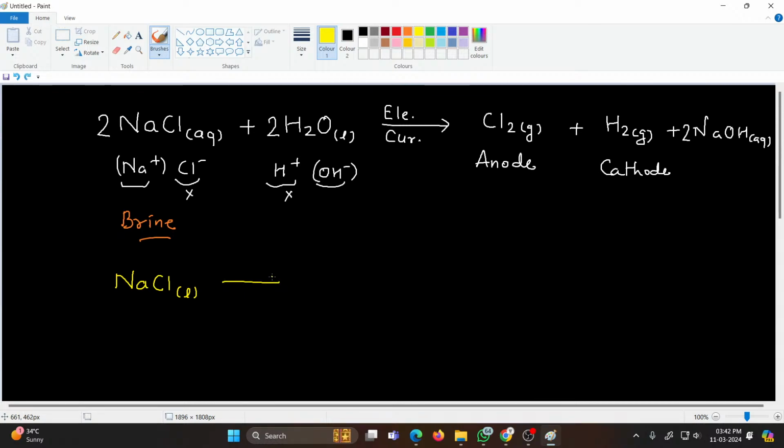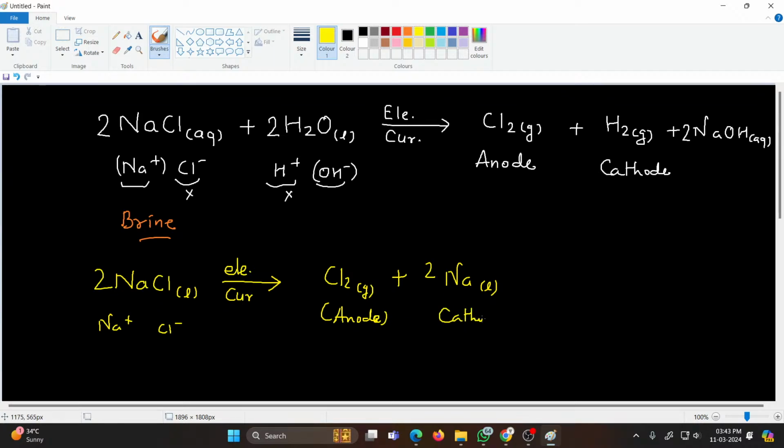So when electric current is passed through fused sodium chloride, there are only two ions there, Na+ and Cl-. So at the anode, as before, chlorine gas will be released, but at the cathode, instead of hydrogen in the previous example, we have sodium here, sodium in liquid state, chlorine in gaseous state. So we have to write 2 here and 2 here.